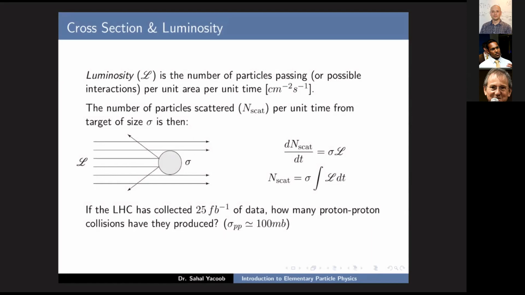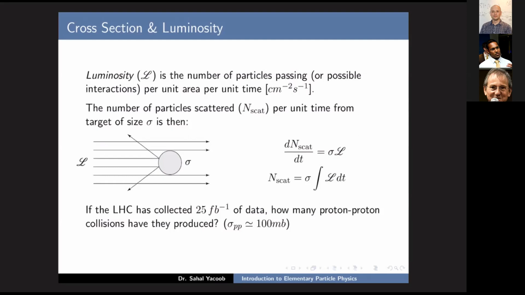The other side of this, from my point of view, is the luminosity. So the luminosity in our case is not the brightness like it is for a light bulb or for the sun exactly. It's the flux of particles. So it's the number of possible interactions per unit area per unit time.